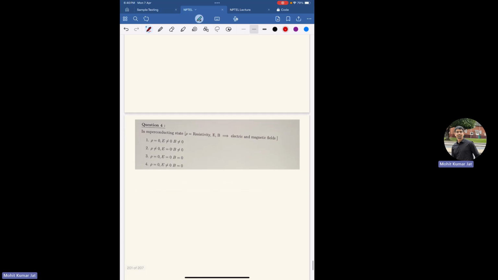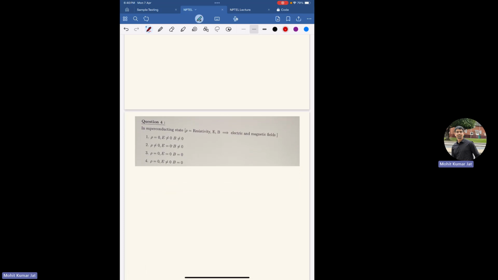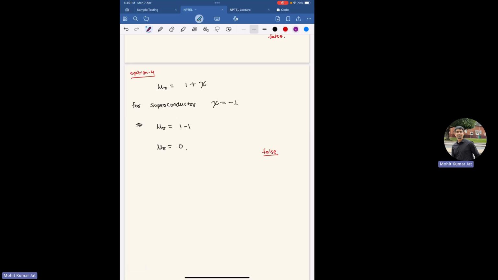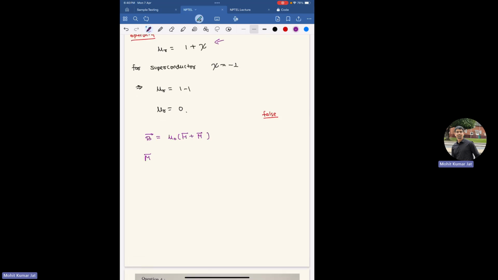Now moving on to the problem number 4. And if you wonder where this relation comes from, the derivation starts with B, the magnetic flux density, is equals to mu naught times H plus M, and then you write M is equals to chi times H. This gives you B is equals to mu naught H times 1 plus chi, and this quantity mu naught H times 1 plus chi you write as mu H, and your mu by mu naught is equals to mu r is equals to 1 plus chi.